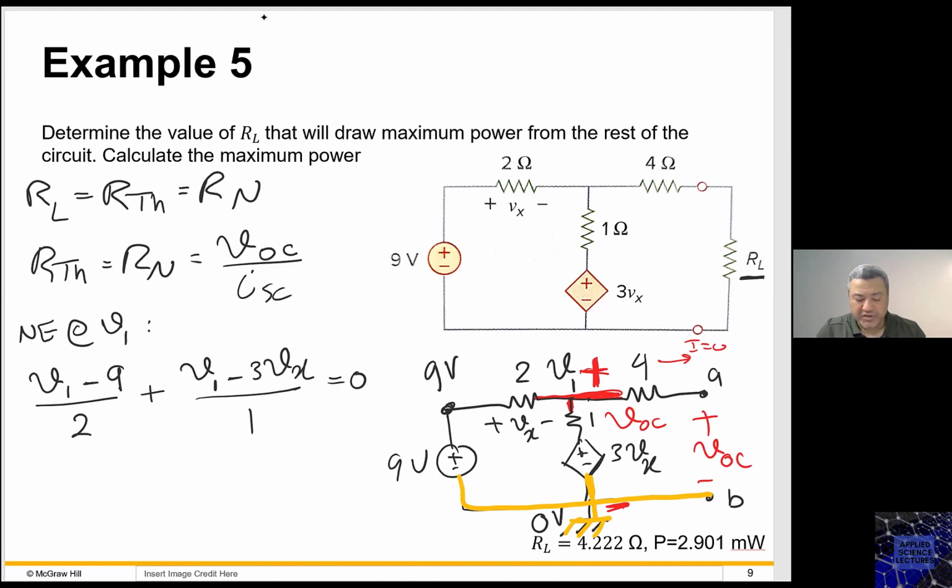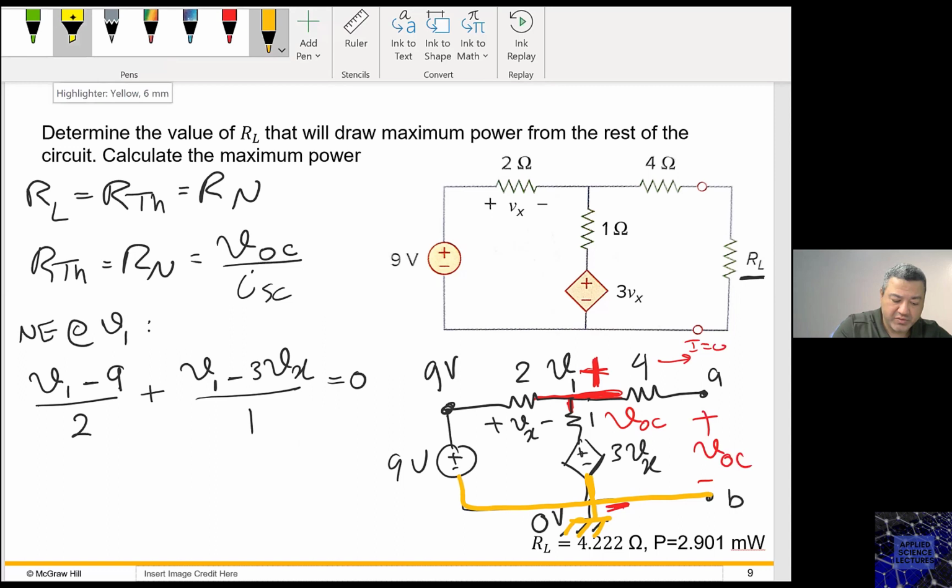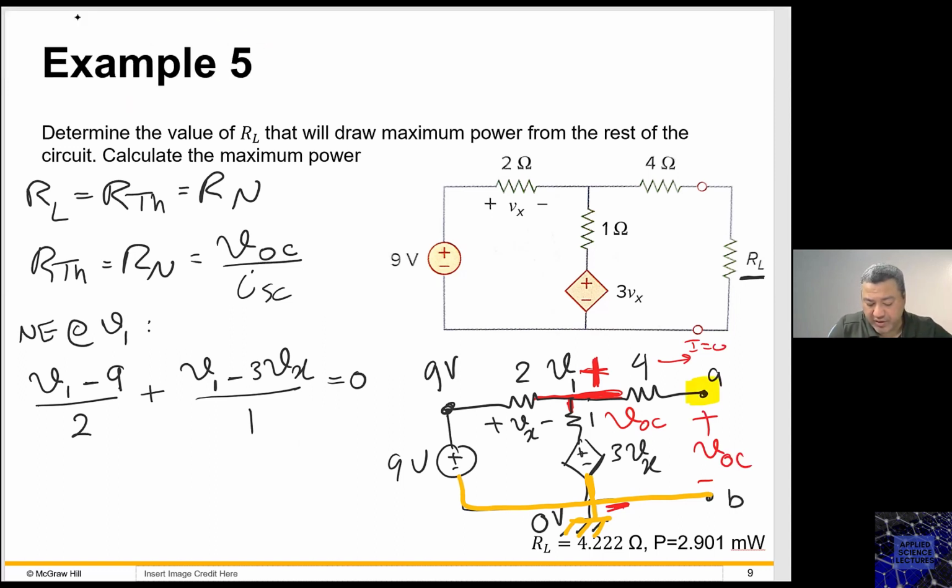But why the potential zero at A? Be careful. When I say the current is zero, this doesn't mean that the potential is zero. Now here, the potential at point A, and I will highlight those ones with different colors. The potential here and the potential here is the same.